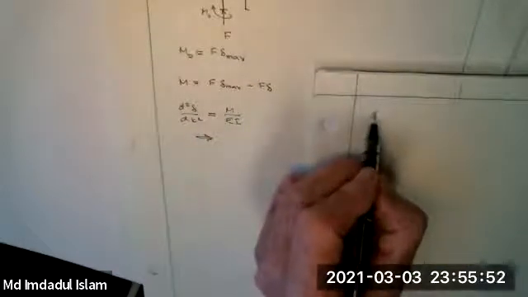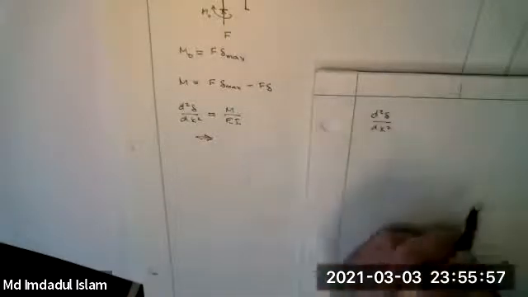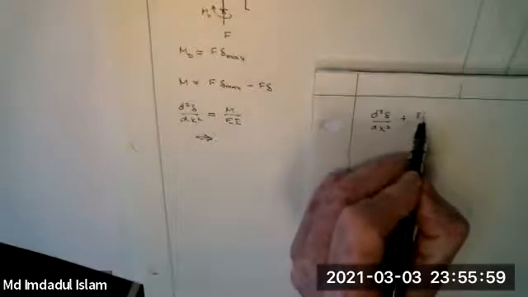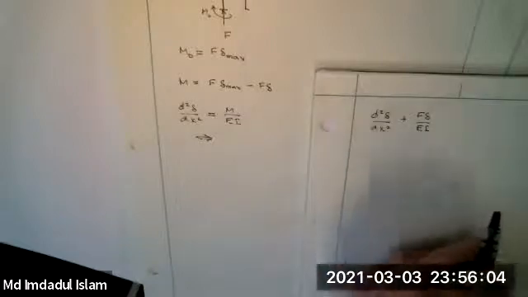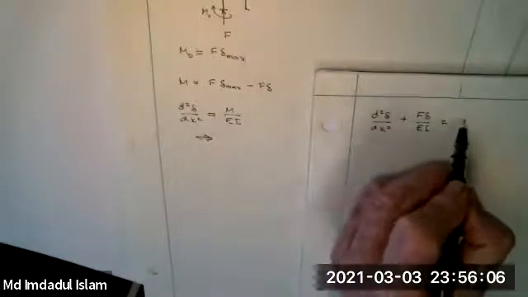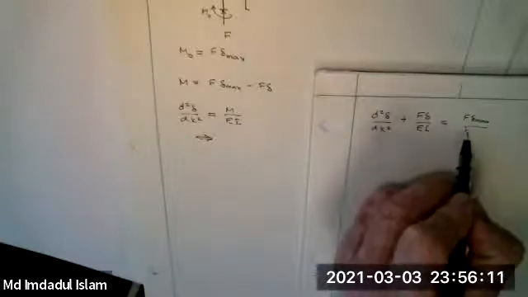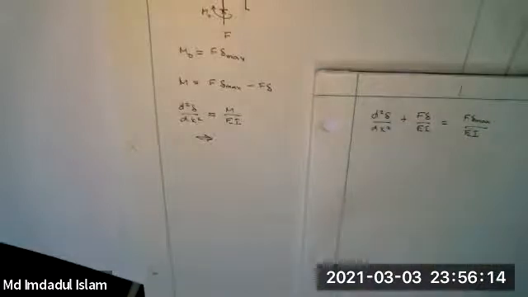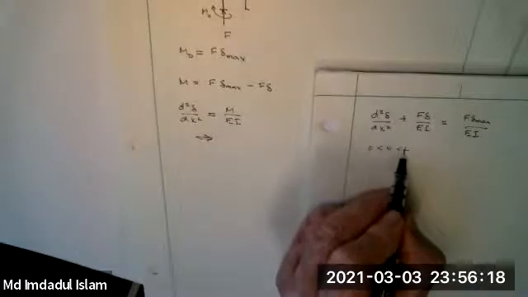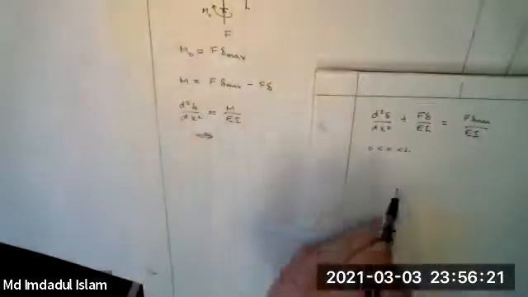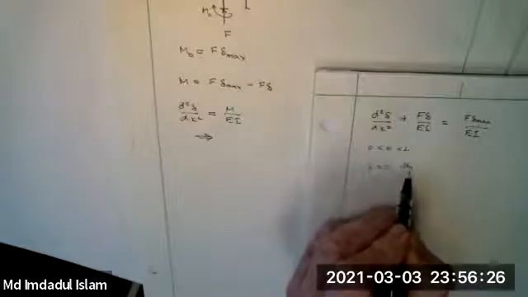So this is my differential equation. That's for x between 0 and L. And my end conditions are it's built in at this end, so there's no slope there or deflection.